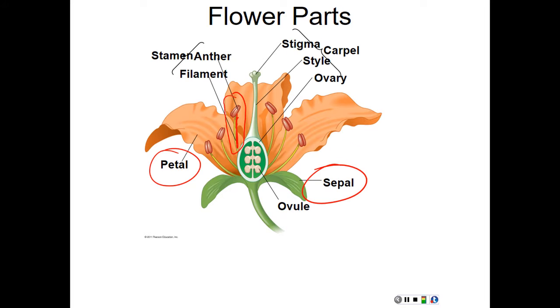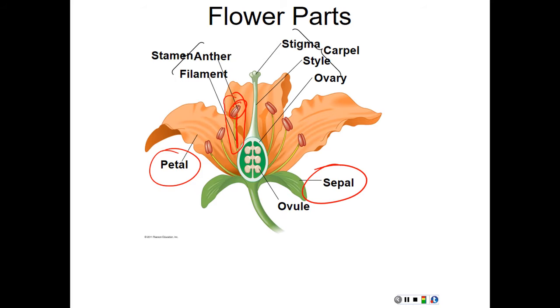And then at the top, we have an anther, which is the terminal sac that produces pollen. In this picture anyway, it looks like this anther has two main chambers, and each of these chambers would be considered a microsporangia, right? Where our microspores are housed.